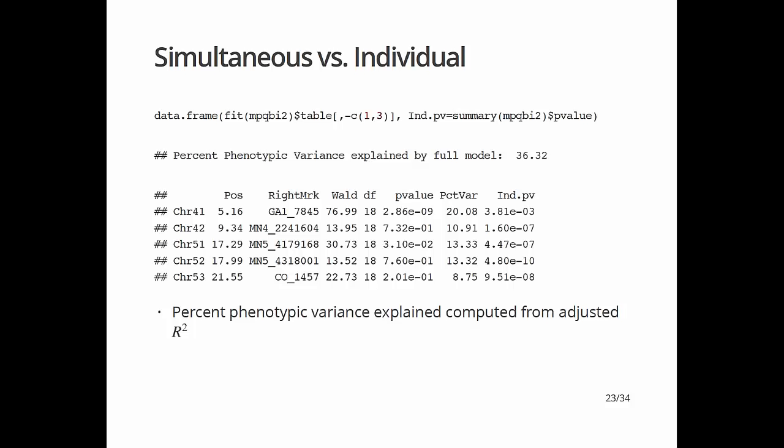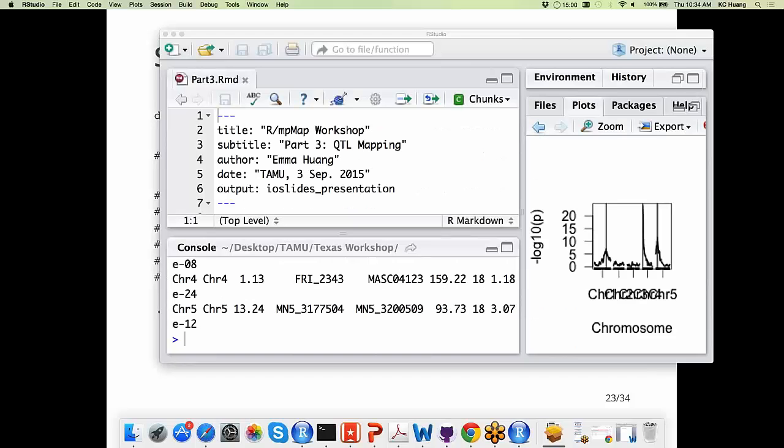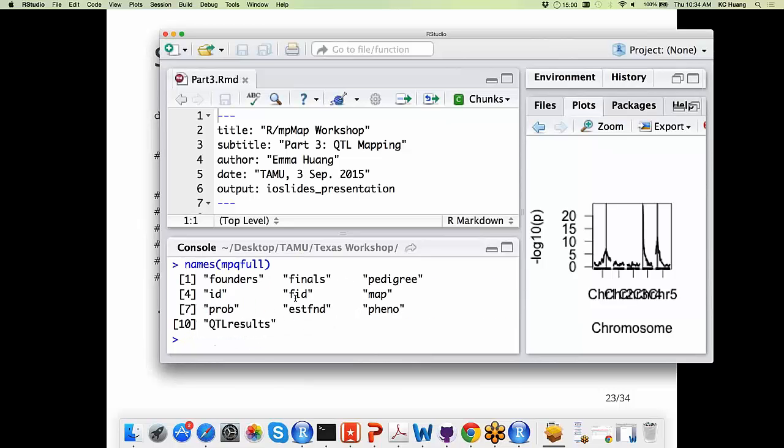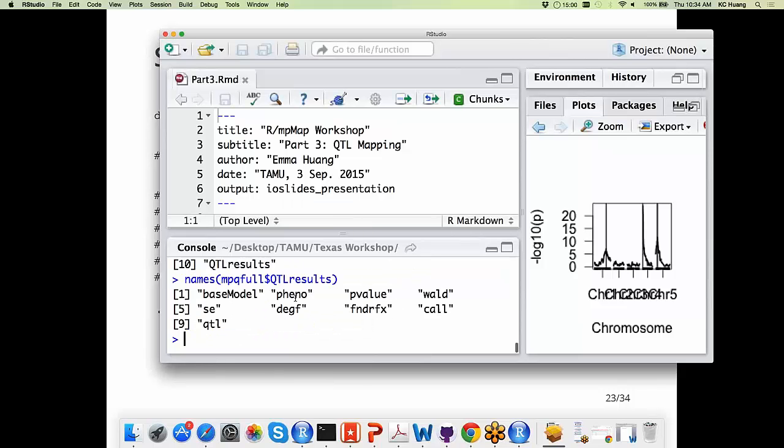And yeah, I can show you exactly where. So here, if you look at the names of MPQ full, there's a component now called QTL results, and that's a list of various things. If we open it up, we see it's basically storing a lot of the inputs you put in, but it's also producing the p-value, Wald, standard error, degrees of freedom, and the founder effects.